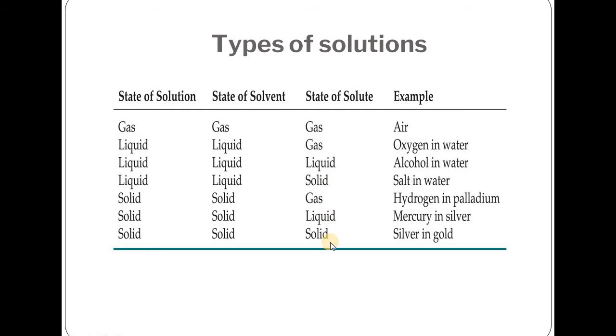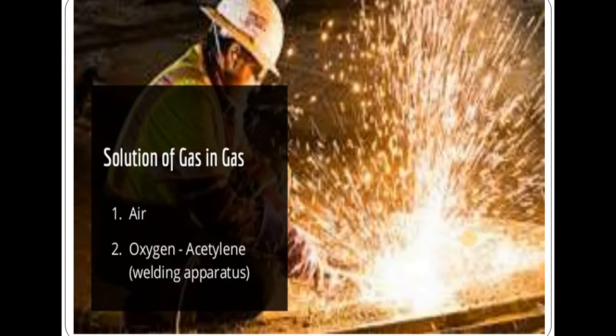Similarly, there are other examples depending upon the different combinations of solute and solvent: liquid in liquid, like alcohol in water; solid in liquid, like salt in water; gas in solid, like hydrogen gas absorbed in a catalyst like palladium; liquid in solid; and solid in solid. So these are the various types of solutions depending upon the different combinations of solute and solvent.